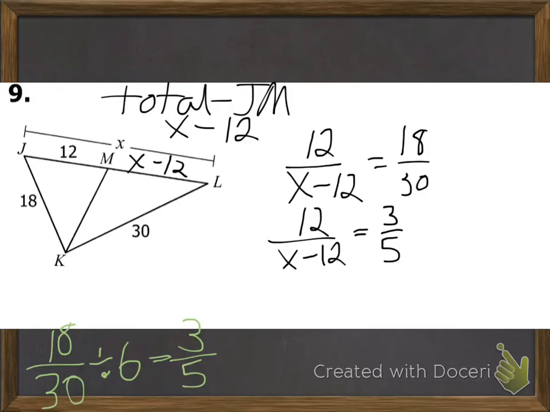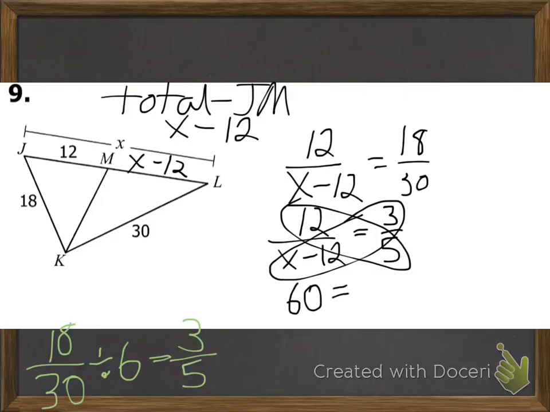Now let's go ahead and cross multiply. 12 times 5 is going to give me 60. And then we're going to have 3 times the x minus 12, so that's going to give me 3x minus 36. Combine like terms on both sides.